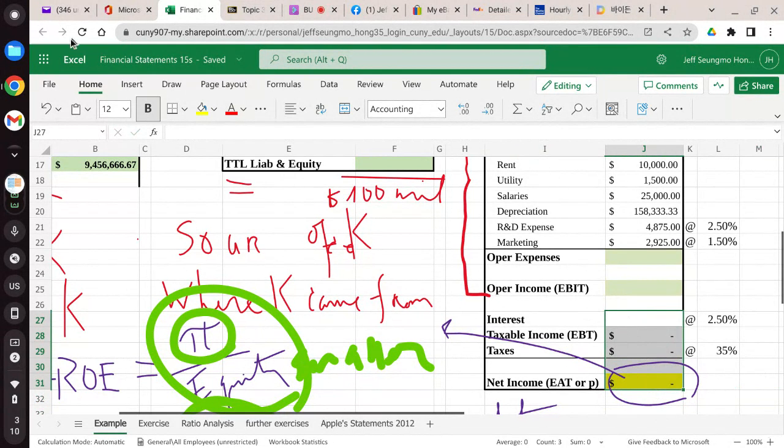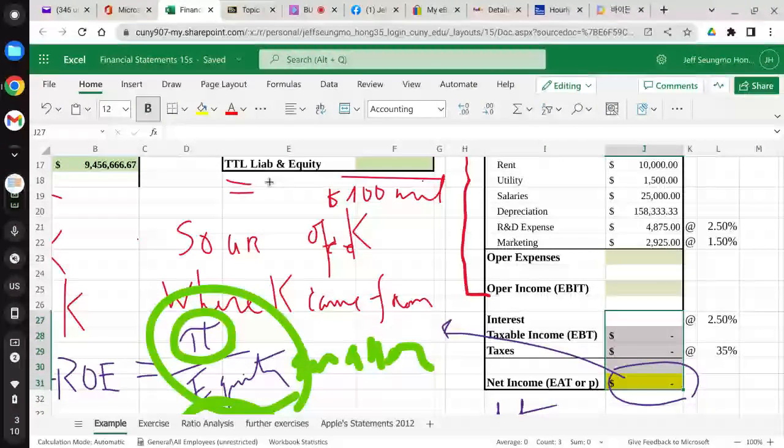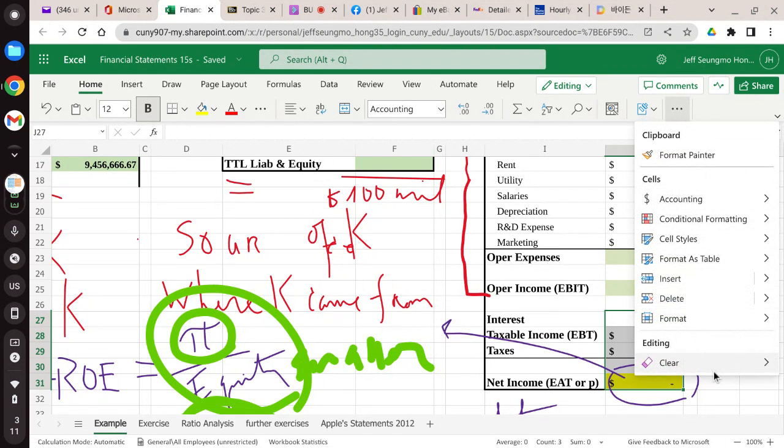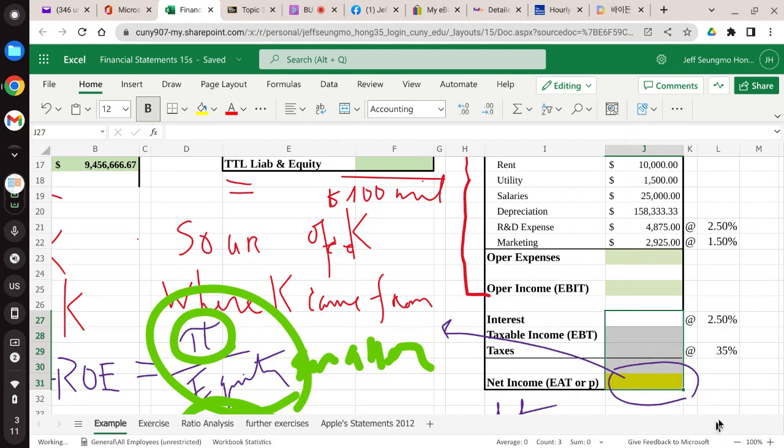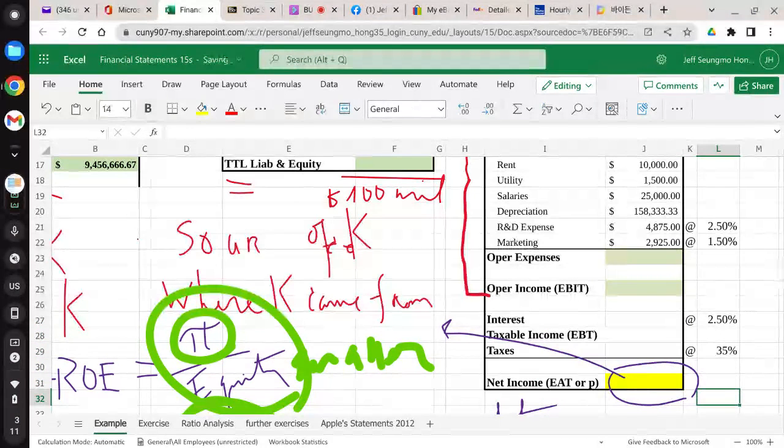I keep using this, and it is saved automatically online, so once I work on it, it's automatically filled in. Of course, I'll have to clear out everything. Clear contents. Okay.